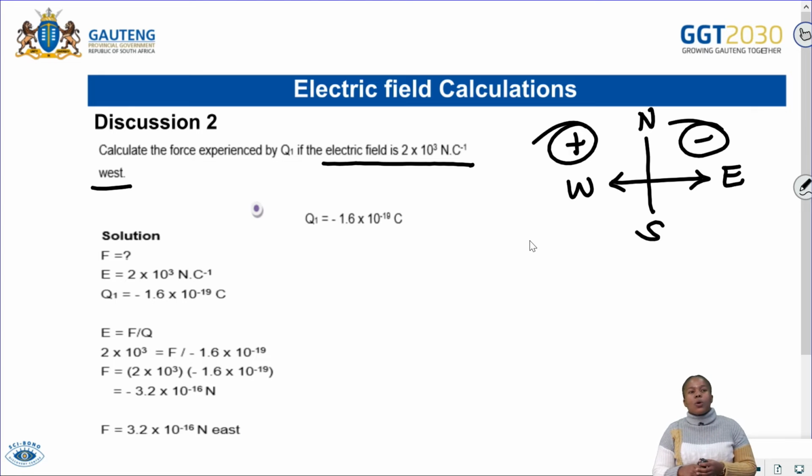It says here that we are given our charge, Q1, as negative 1,6 times 10 to the power of negative 19 coulombs. So how do we do this? We need to decide which formula will give us what we want, by writing the data first. In our data, you ask yourself, what is given to me?